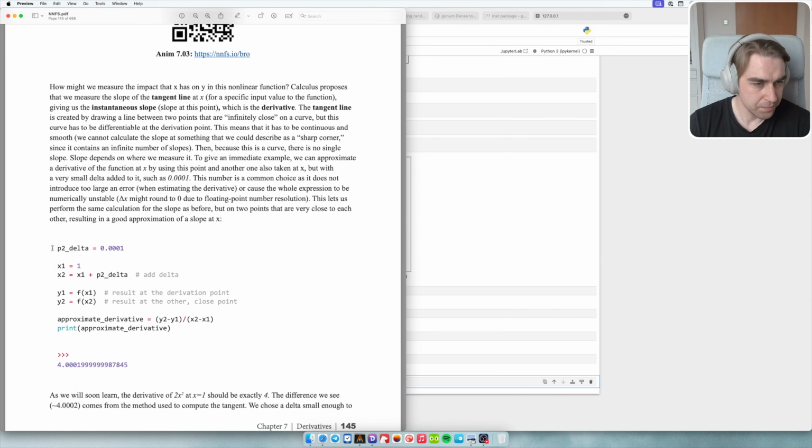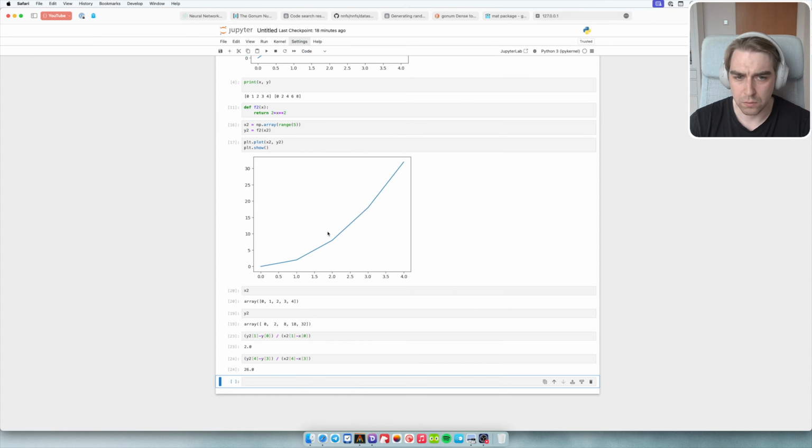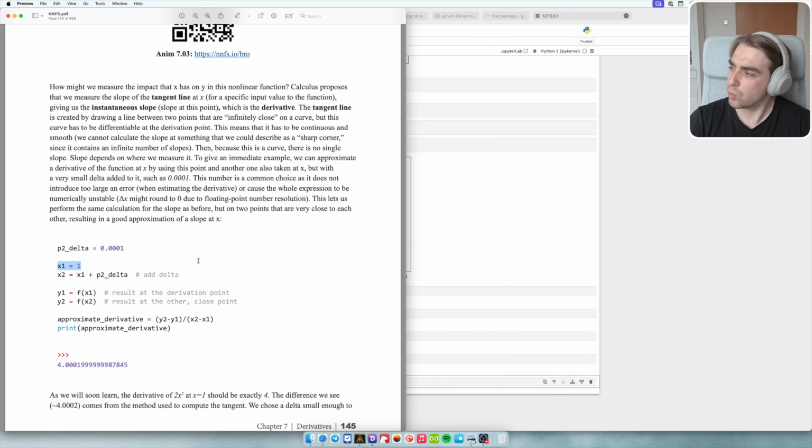So we have some delta for the x. We take a point somewhere, for example here, and we want to calculate a slope for this point, right? Well, for the curve at this point.